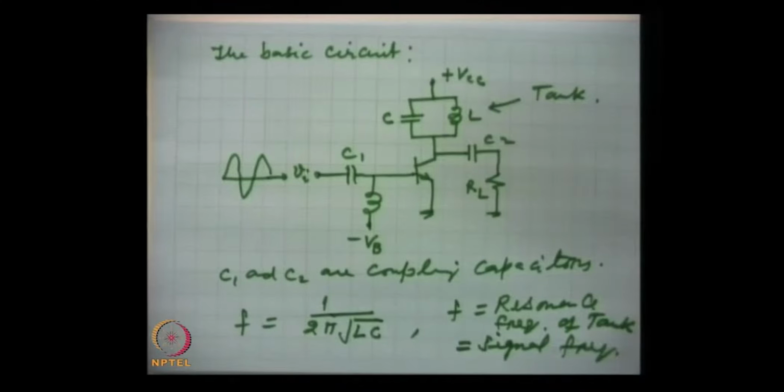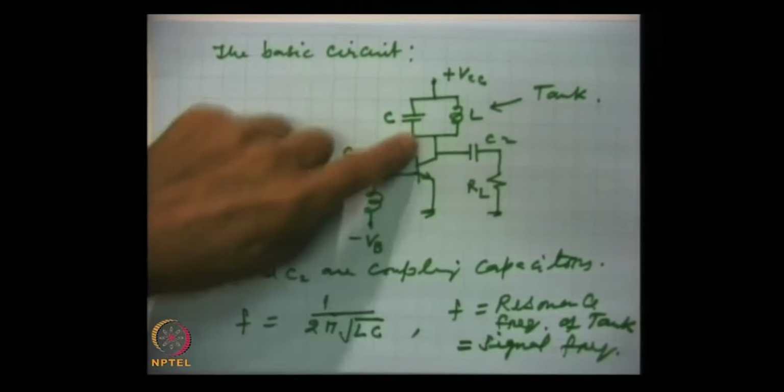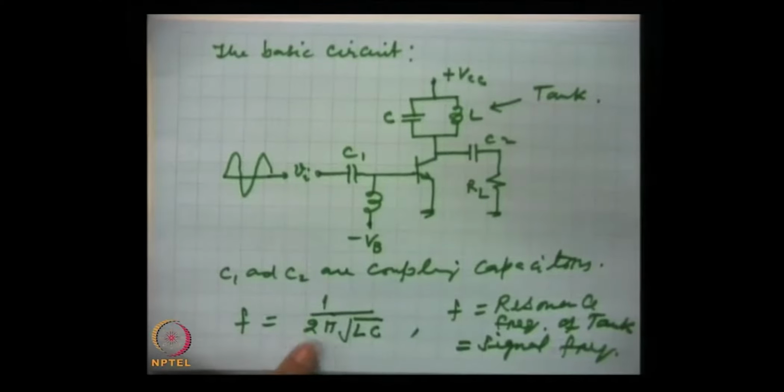This means that the tank circuit is tuned to the signal frequency, and the frequency will be given by 1 by 2 pi root L C.